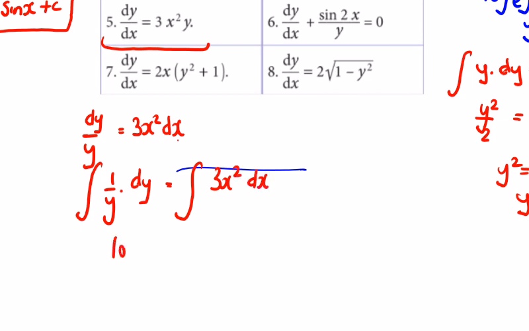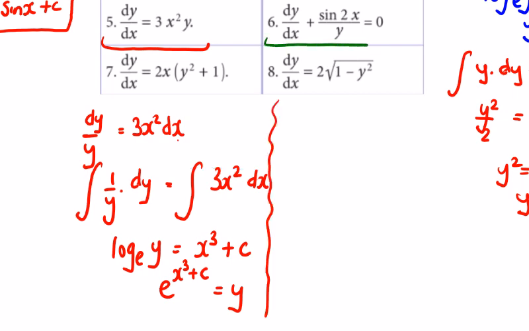So we get the log of y to the base e, or the natural log of y, is equal to 3x cubed over 3, x cubed, plus the constant. So we're going to get e to the power of x cubed plus c is equal to y.